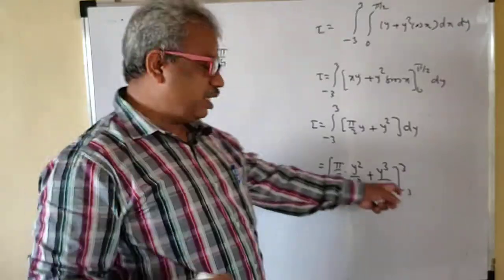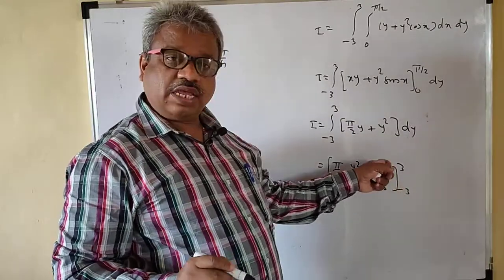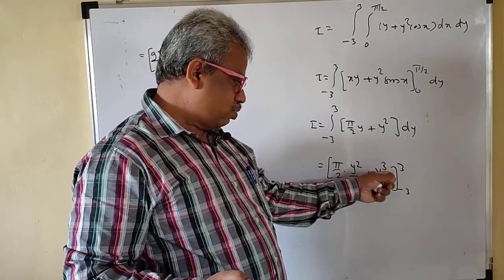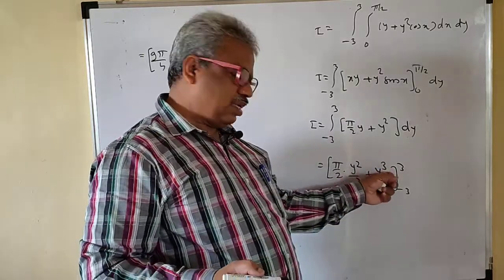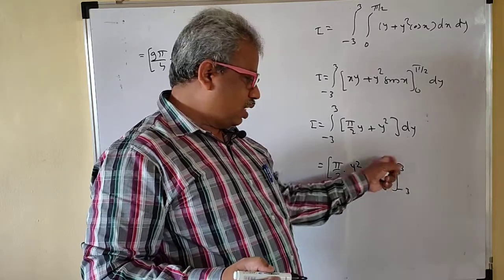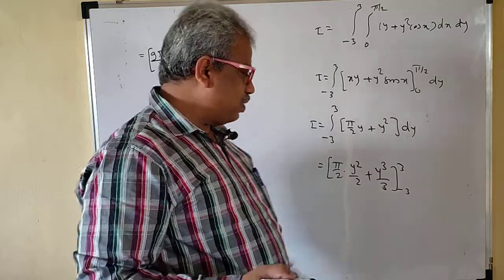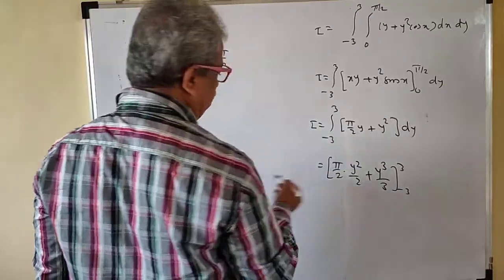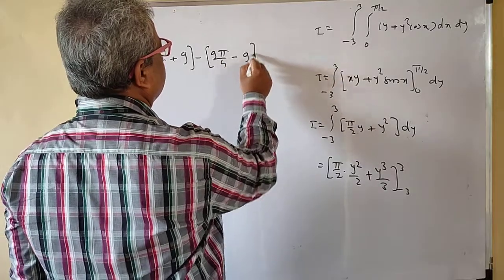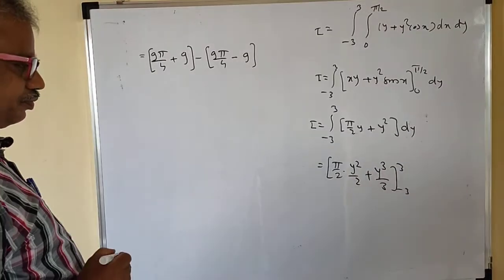Then minus 3 cube is minus 27, because the minus stays outside. So 3 cube upon 3 is 3 square, so this is minus 9. Or this is minus 27, minus 27 by 3 is minus 9. Okay.